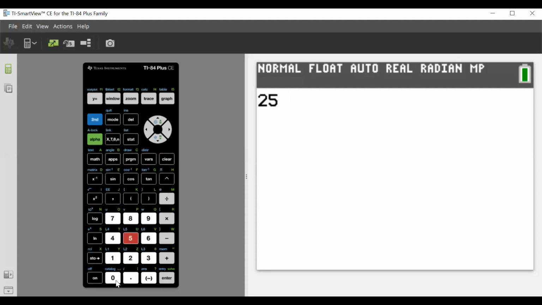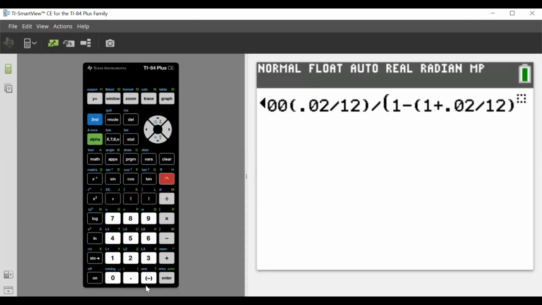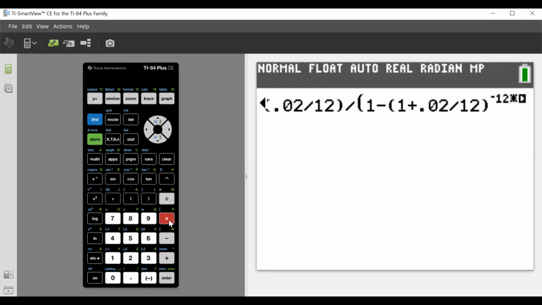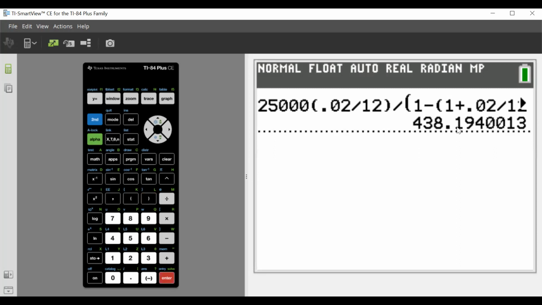That's going to be 25,000 times 0.02 divided by 12, and then that's going to be divided by parenthesis, and then we had 1 minus parenthesis, 1 plus the 0.02 divided by 12, and then in parenthesis, raised to the power of negative 12 times 5, since this one was only a 5-year loan, and then close parentheses. I think everything should be good. And so we get $438.19 is going to be our monthly payment.